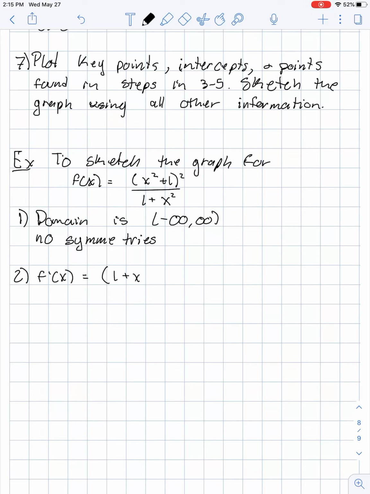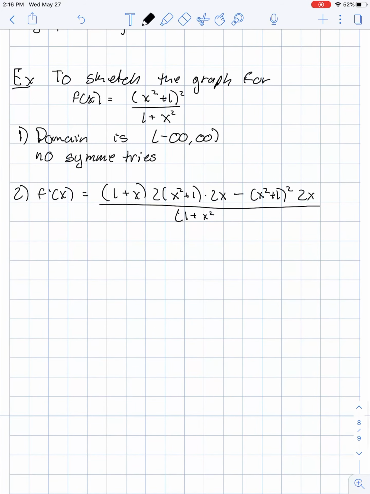So we're going to be low, d high, so it's 2 x squared plus 1 times 2x, the derivative of the outside with the inside still the same, times the derivative of the inside, minus, so that was low d high, minus high d low, which is just 2x, all over low squared. And I highly suggest simplifying this.